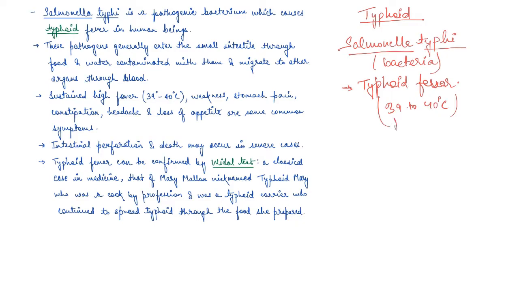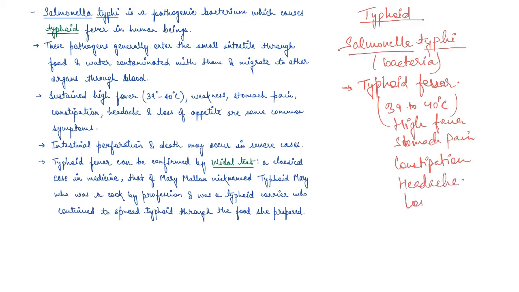So one of the symptoms is high fever. Then we have stomach pain because they enter through that. We have constipation. So all this problem related to stomach and intestine. We have headache.